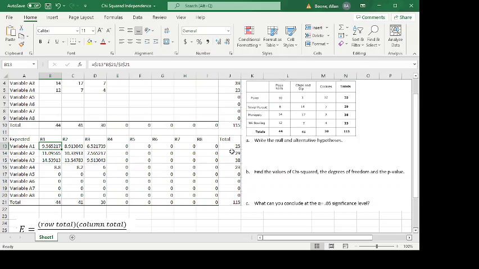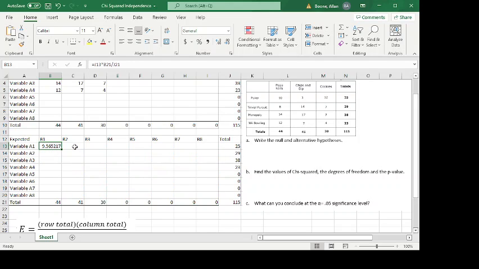If we were to empty this out and redo it, we could say, okay, I want this to be the row total times the column total divided by the total. And then how do I want it to go when I copy and paste it over?